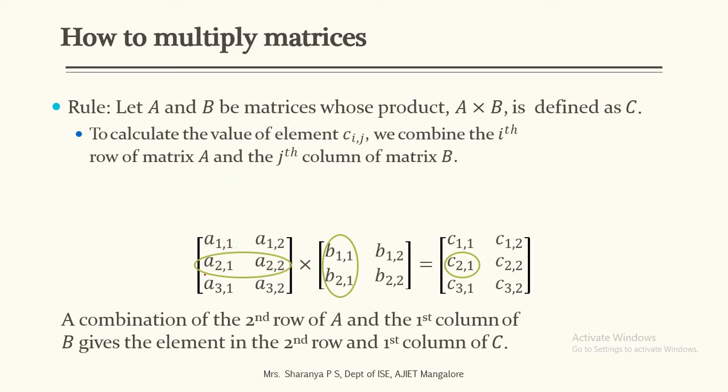Then if we want to multiply and find the resultant matrix, the resultant matrix will contain 3 rows and 2 columns, that is 3 cross 2 will be the order of the resultant matrix in this example. How can we perform that? We have to multiply the second row and the first column, which will yield the result at this particular location. This is how we normally perform the matrix multiplication.